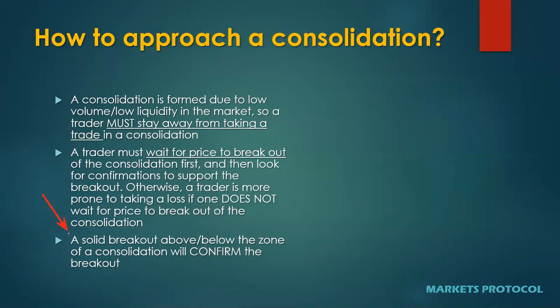Let's move on to our second last point over here. A solid breakout above or below the zone of a consolidation will confirm the breakout. Once you wait for a candle to close and you finally get that break and close above or below, depending on the trend. Let's say you have a bullish trend, where price is making higher highs and higher lows until we enter some sort of a consolidation due to low volume.